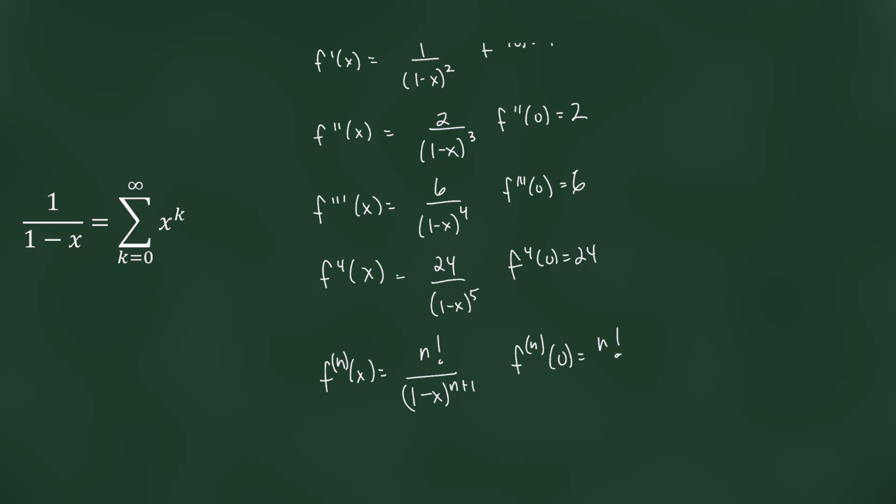When we put that into our power series formula, or Taylor series formula, the sum from n equals 0 to infinity of f to the n of a over n factorial times x minus a to the n. We're using a of 0 here, so we're going to have the sum from n equals 0 to infinity of f to the n of 0 over n factorial times x to the n.